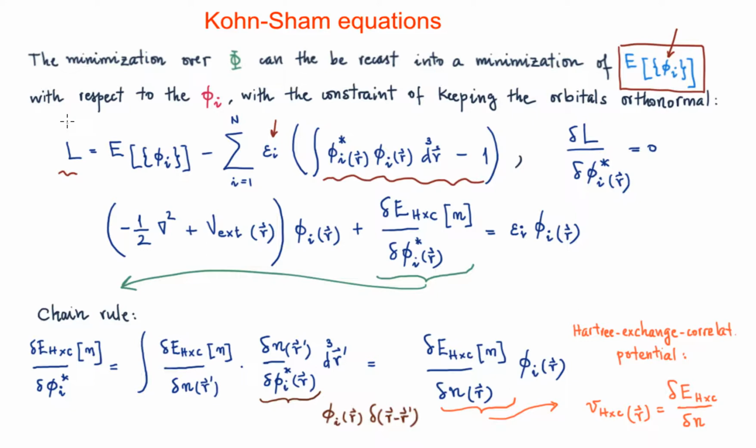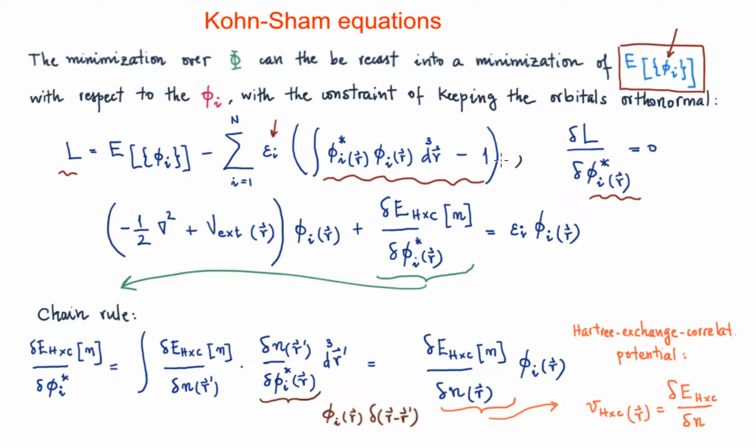And now, using that functional, we have to find the minimum of this functional with respect to these orbitals. The way of doing that is doing the functional derivative of this new functional L with respect to the Ci complex conjugate, the same way we did again with the Hartree-Fock method.